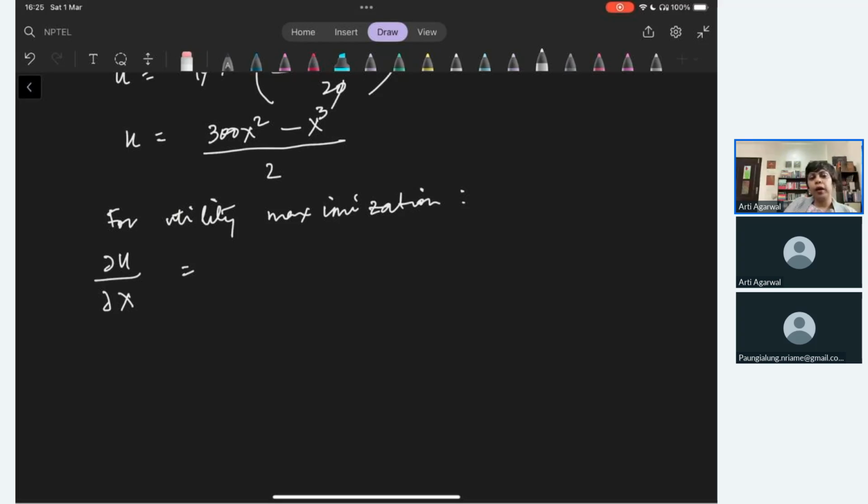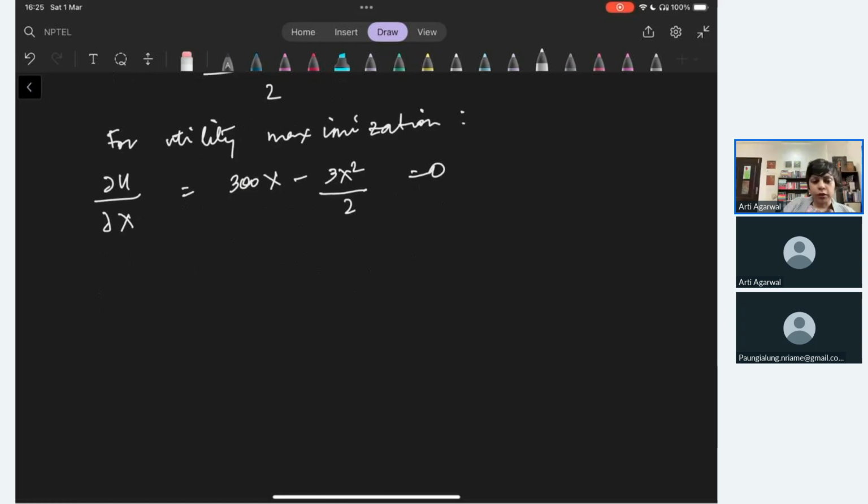So x square partial derivative is 2x, and the whole expression is divided by 2. So 2 and 2 cancel. So this becomes just 300x minus x cubed by 2. X cubed by 2 becomes 3x squared by 2. This is equal to 0. This is what we get from taking the partial derivative.